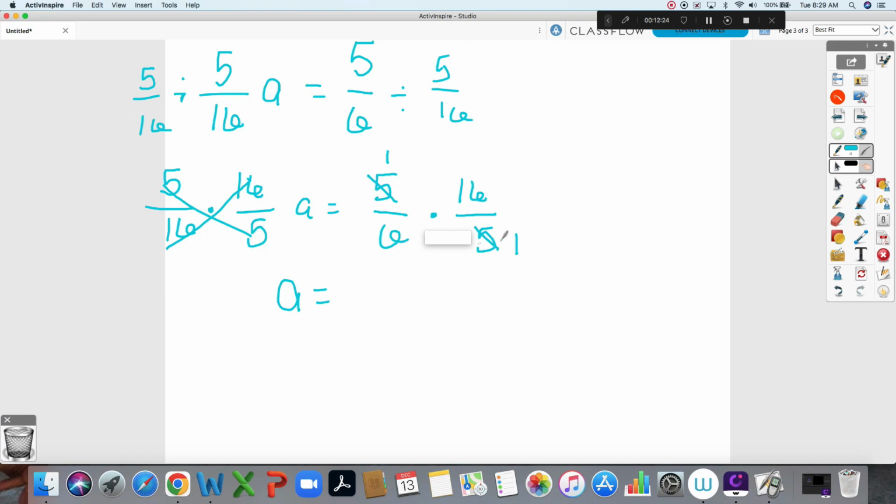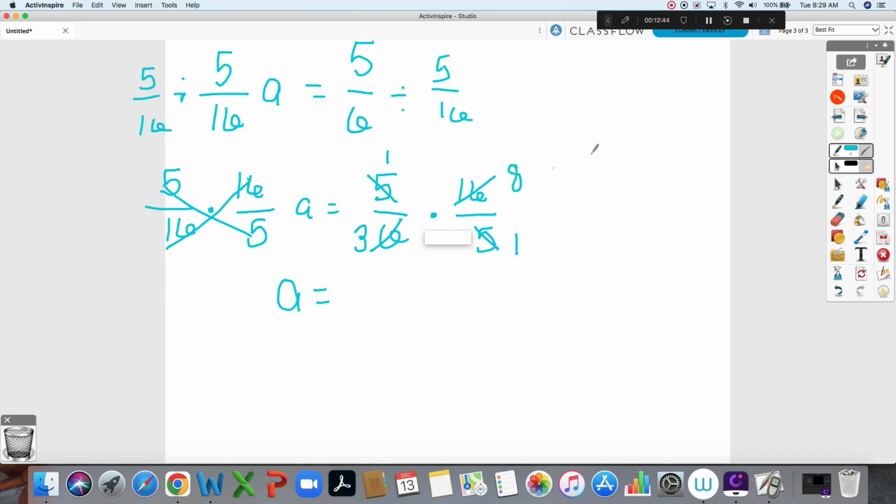Can I cancel out my 6 and 16 with anything? What can divide into both 6 and 16? 2. So what is 6 divided by 2? 3. And what is 16 divided by 2? 8.